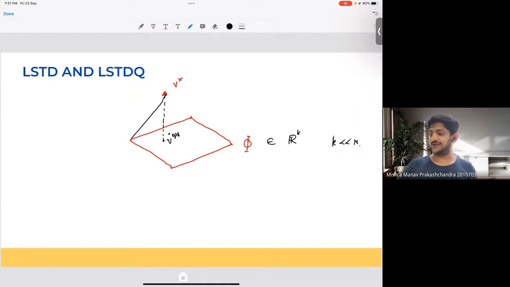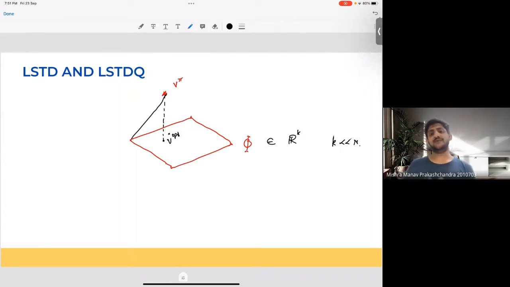So imagine you have the value function v pi over here, and let's say your phi is the transform basis representation with which you are trying to learn the parameterized notation of the value function. Since I have my phi, the transform basis, this belongs to the space R^k, where k is typically much lesser than n.